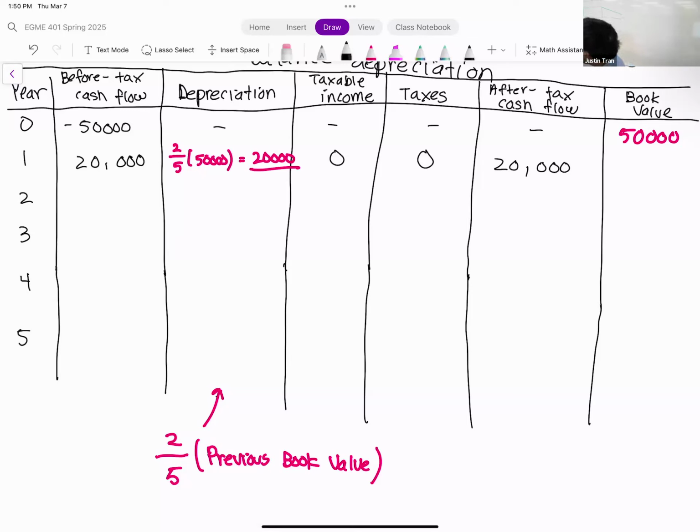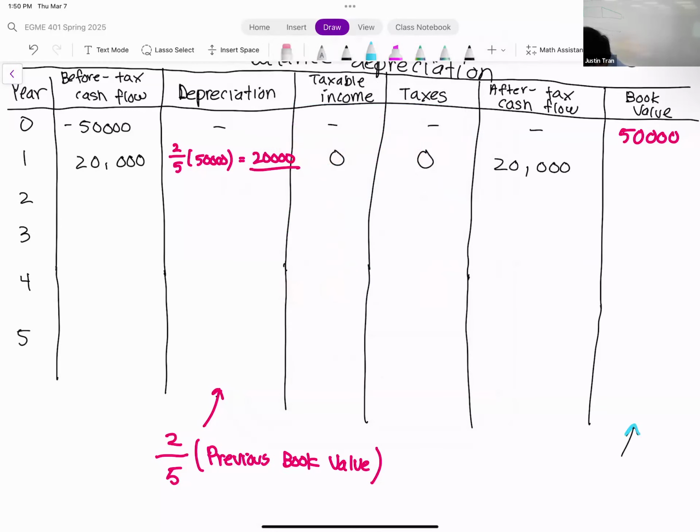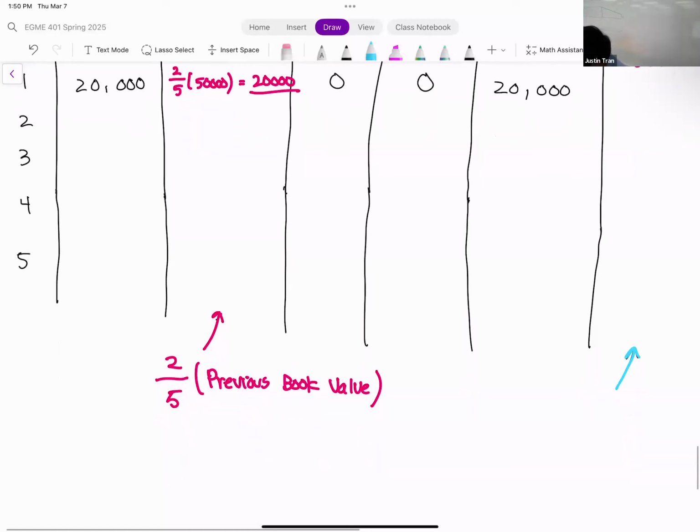And then after that, the book value. So to compute the book value, let me do this in blue actually. The way that we're going to compute this is the previous book value, so previous BV, minus the depreciation for that year.